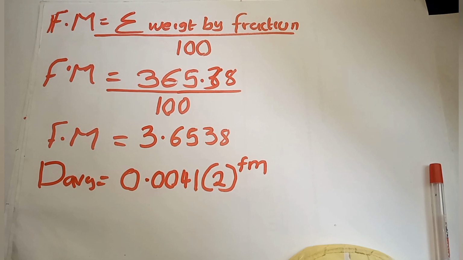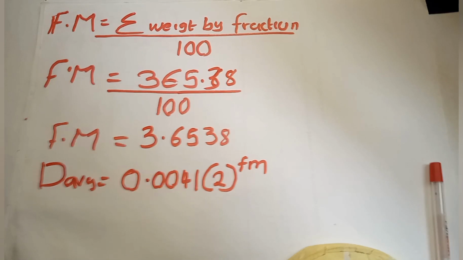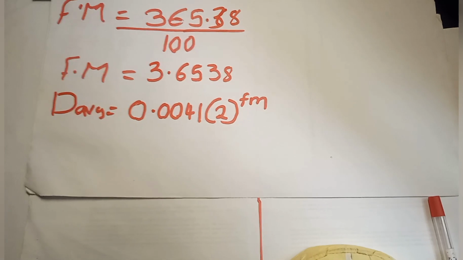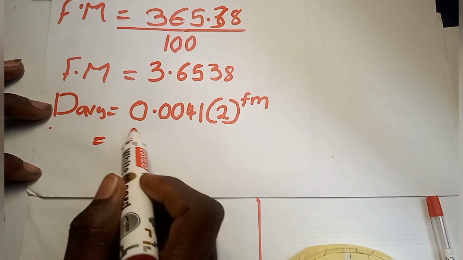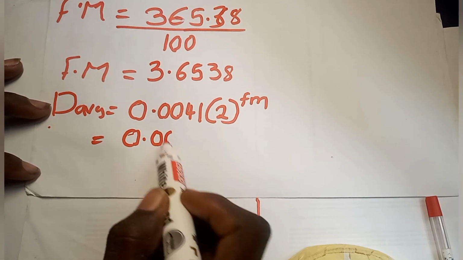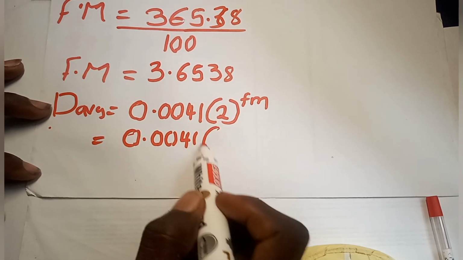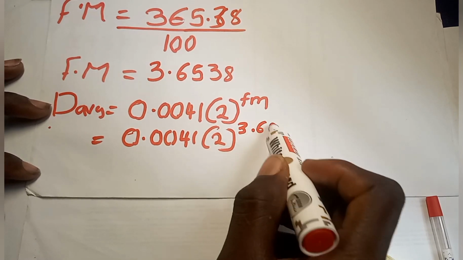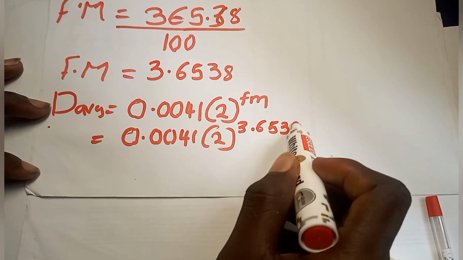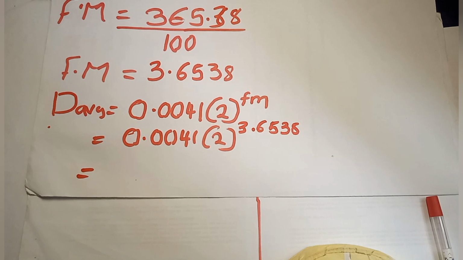Don't forget this. So let us substitute our fineness modulus: 0.0041 times 2 raised to the power of 3.6538.